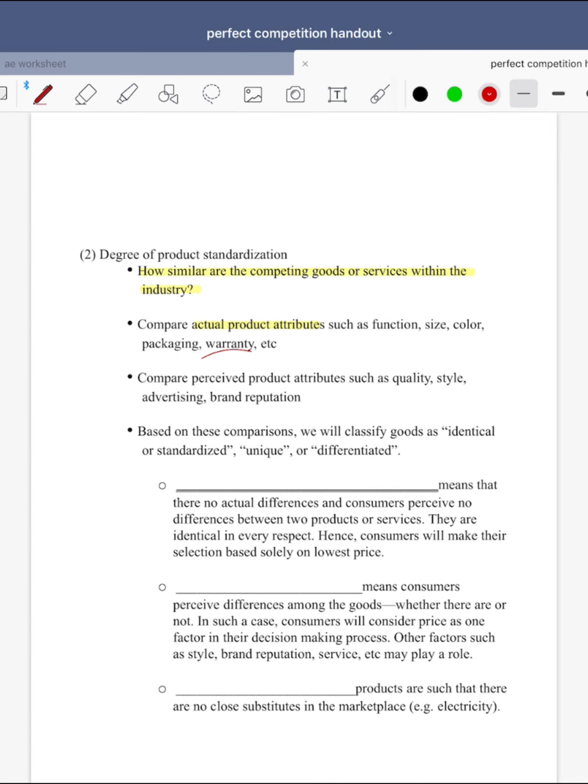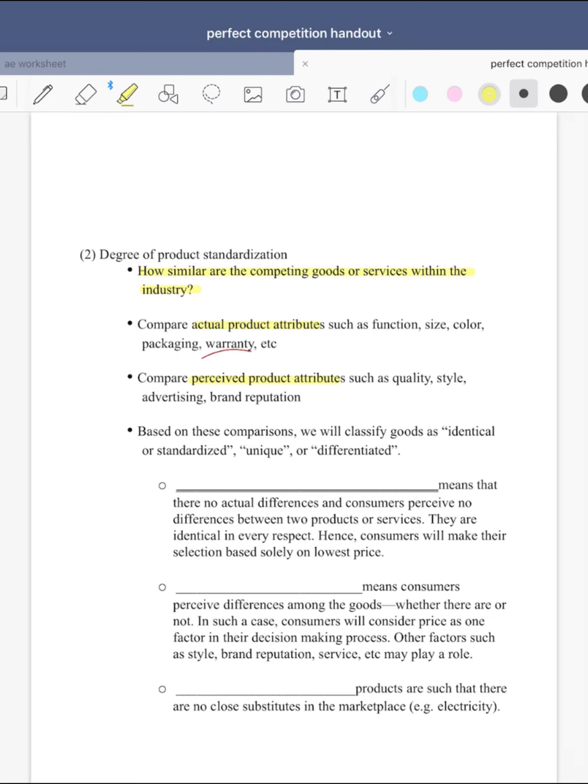Or we can look at actual product features that come with it: a rear view camera, Bluetooth hookup for your music, or self-parking. All those things are actual product attributes, things that can't be denied with that product.